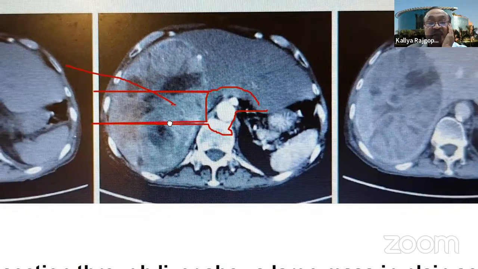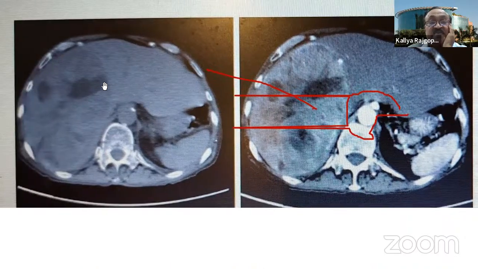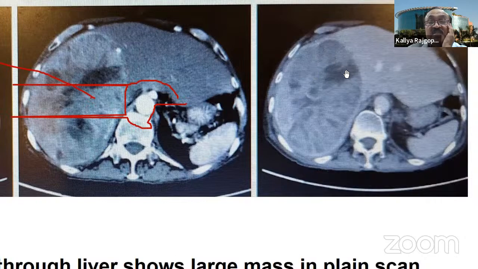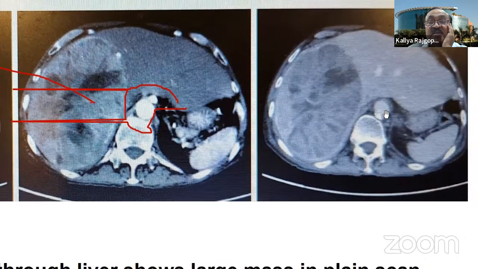This is the aorta. In the first picture, this is the mass. But in the second picture, the arterial phase, you can see the lesion extensively enhancing. Now, if you see the portovenous phase, the last phase, here it is not enhanced like this, the bright spot.